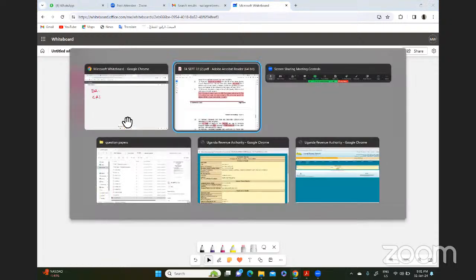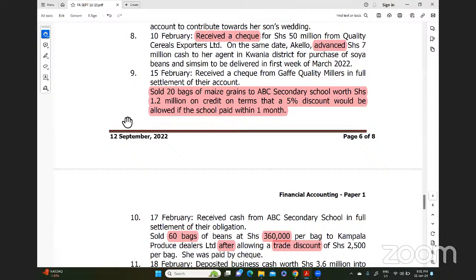Now, a transaction like this, sold 20 bags of maize. If they say sold, it means that the transaction has occurred. Are we together? Now, in accounting, we don't have to wait for money to come for us to record that transaction. Once you have made the sale, don't wait for money. If money has not yet come, then at least tell us that you have a right to receive.